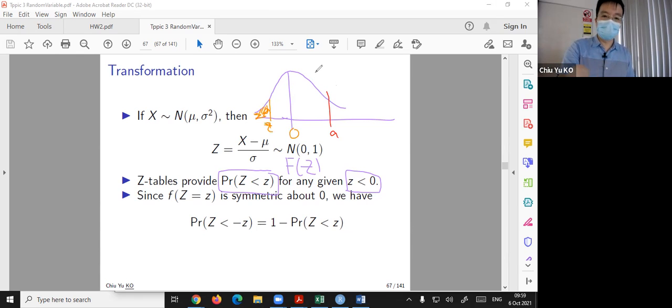Maybe just to be more concrete, say the table only gives you -3. You don't need to worry about 3 here. The reason is that because the bell is symmetric, the yellow area is the same as the red area. What we want to calculate is the blue area, but blue plus red must be 1, so blue is 1 minus red.